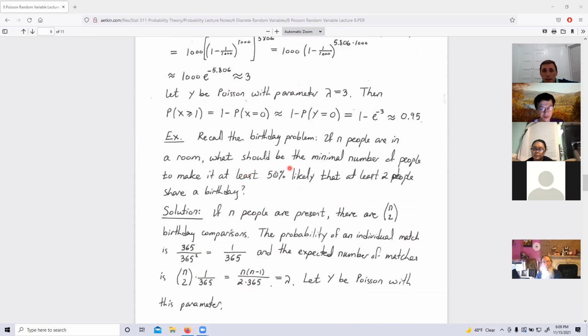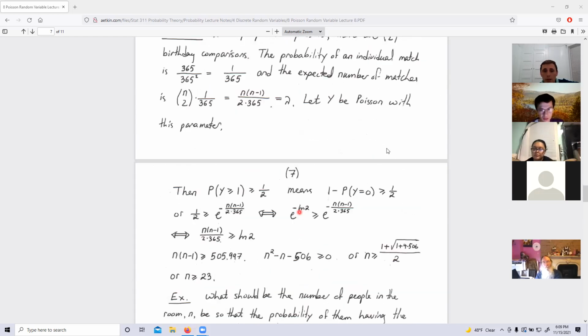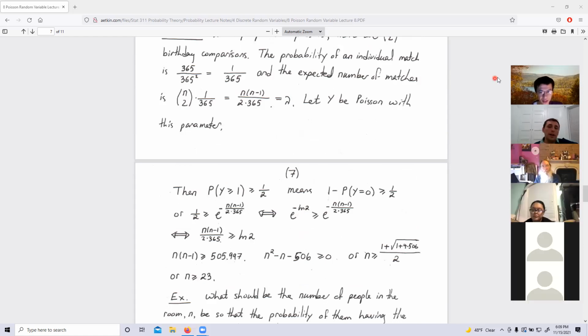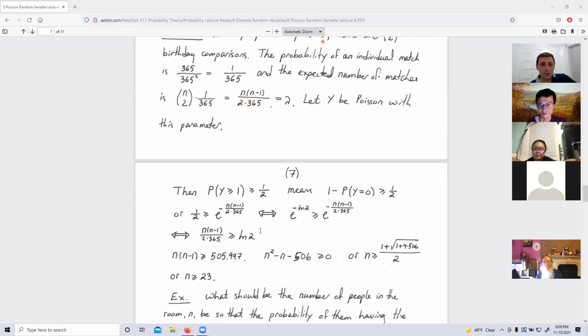It's only because it was arbitrarily decided that we want the probability to be bigger than 1/2. If I wanted it to be bigger than, let's say, 9/10, then I would place 9/10 there, right? If I wanted it to be bigger than 90%, it's going to be a different number. You can carry that calculation as well. So then I rearrange things and I solve, and I get n bigger than or equal to 23.